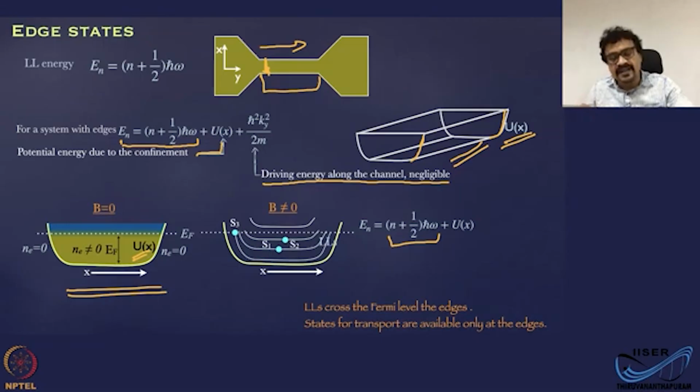And at the edge, these Landau levels will cross the Fermi level, but in the bulk, they will remain below the Fermi level. So you have states at the edge for transport, and you have no states in the bulk for transport. What that means is the bulk is insulating and the states are conducting. So that is the picture we have.